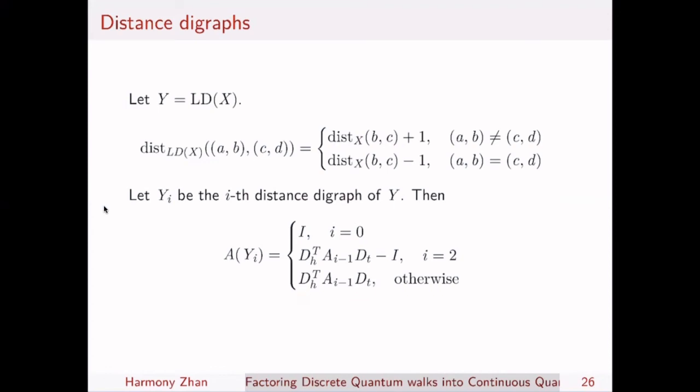But we have to be cautious when i is equal to 2, because if two vertices are at distance 1 in the original graph, then there are two possibilities for the distance from one arc ending at one vertex to the other arc starting with the other vertex. Okay, so this is the only case we need to be cautious.